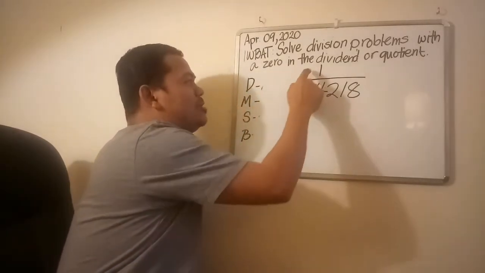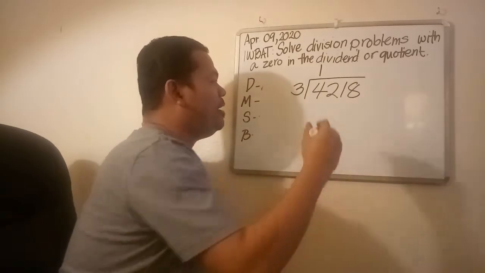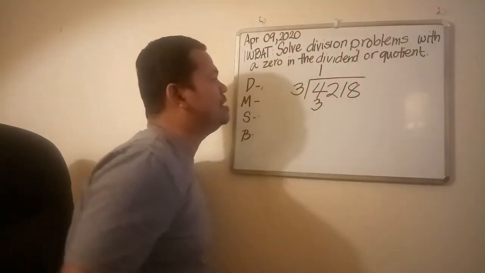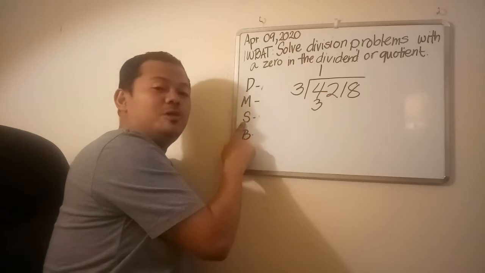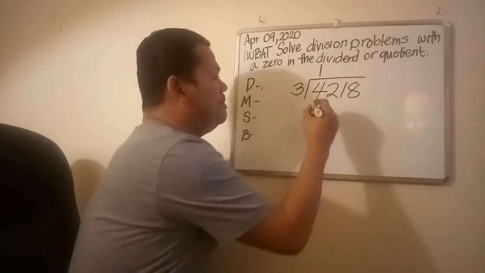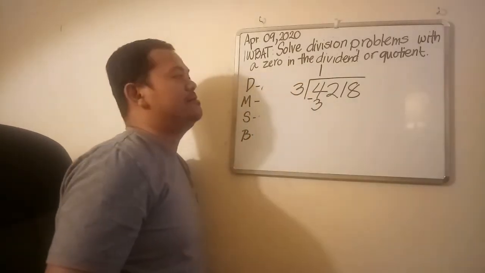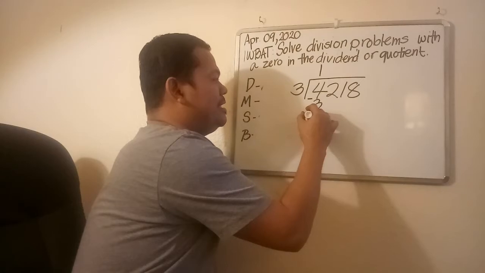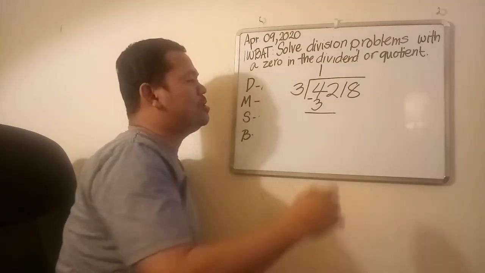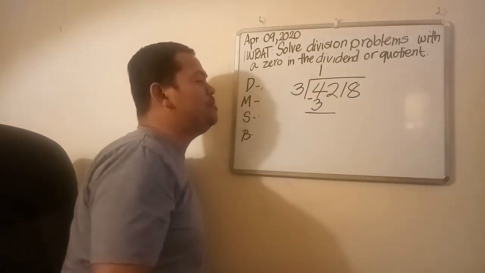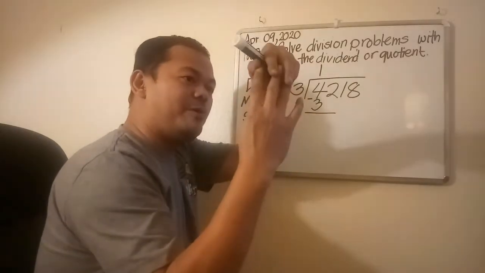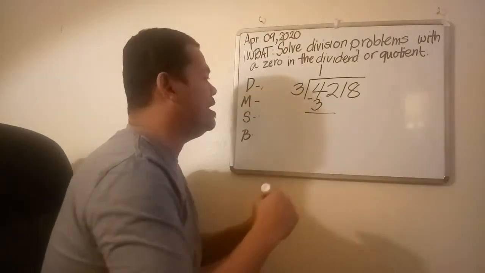So 3 times 1 is equal to 3. Right here, 3. After you multiply, what's next? You're going to subtract. 4 minus 3. There you go. 4 minus 3 is equal to 1.